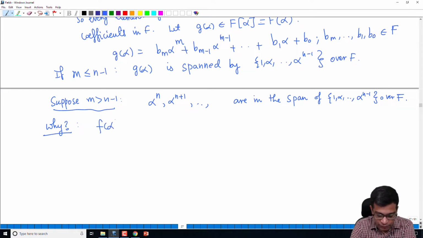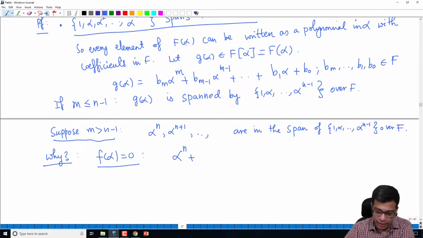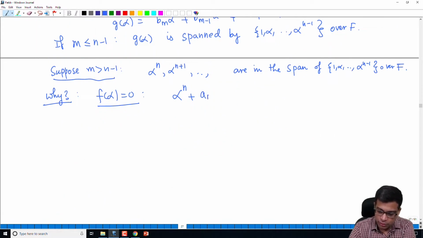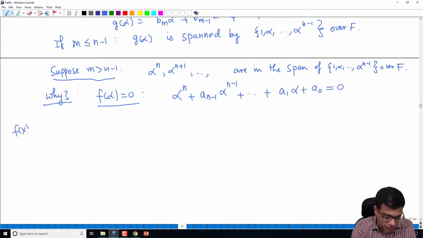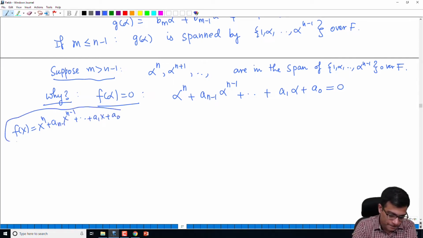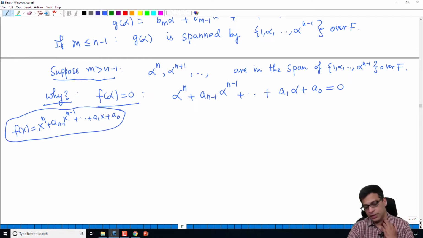We know that f(alpha) is 0, and f, remember, is a monic polynomial of degree n. I didn't specify what f was earlier, so let's say f(x) is x^n + a_{n-1} x^{n-1} + and so on up to a_1 x + a_0. f(alpha) is 0 means this is 0.